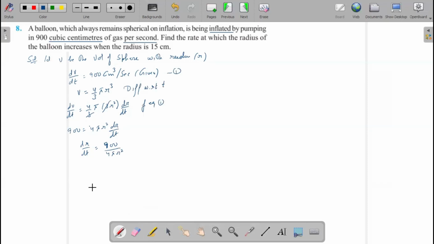Read the question. He says, find the rate at which the radius of a balloon is increasing.